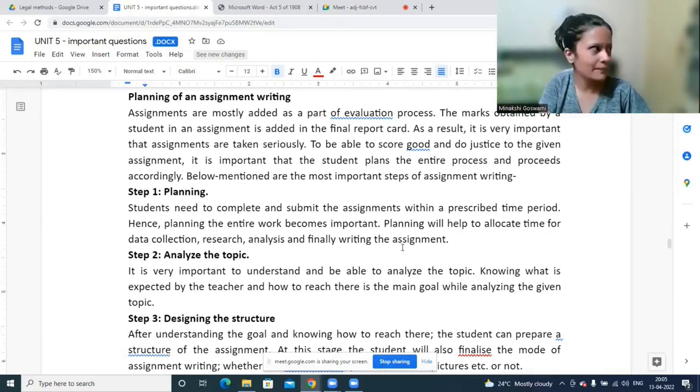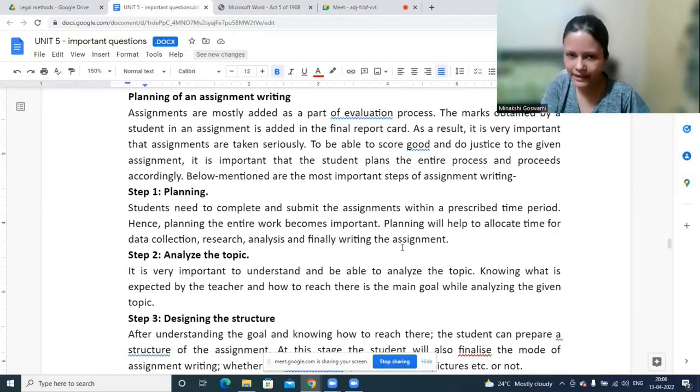If we need to do research on these kinds of cases, we need to know the best way by which we can do that particular research. Maybe how we need to submit it, what we need to do, all these things we need to know. This is nothing but analyzing the topic.